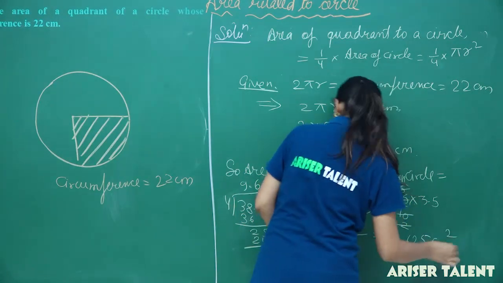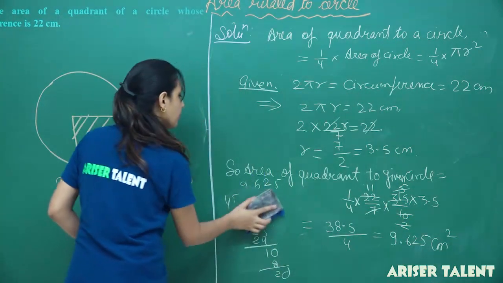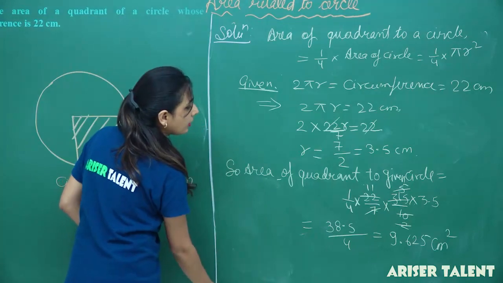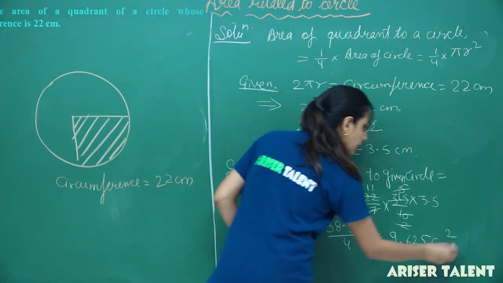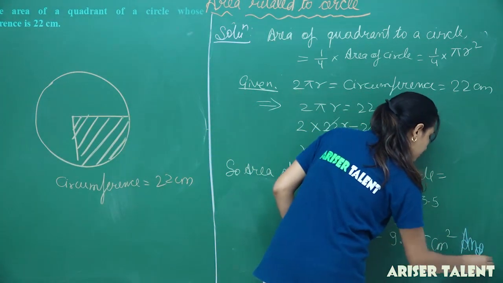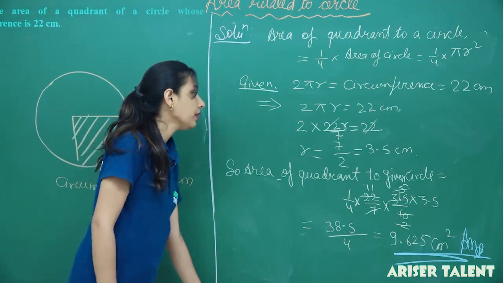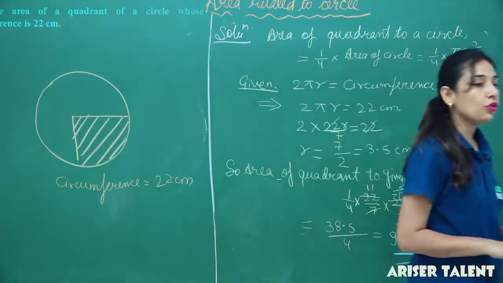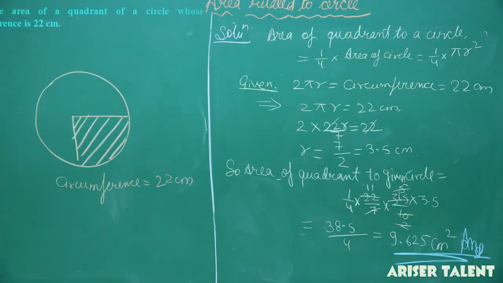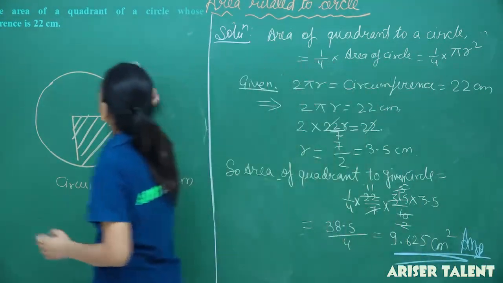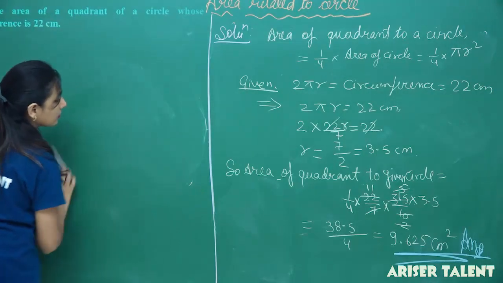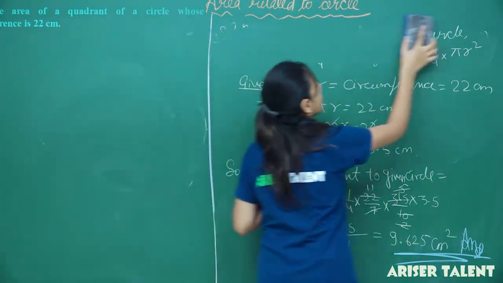Okay, so always remember to use units there. Okay, so this is your answer to this question, isn't it, students? Right? Okay, so just note it. So we can move forward to the next question, students.